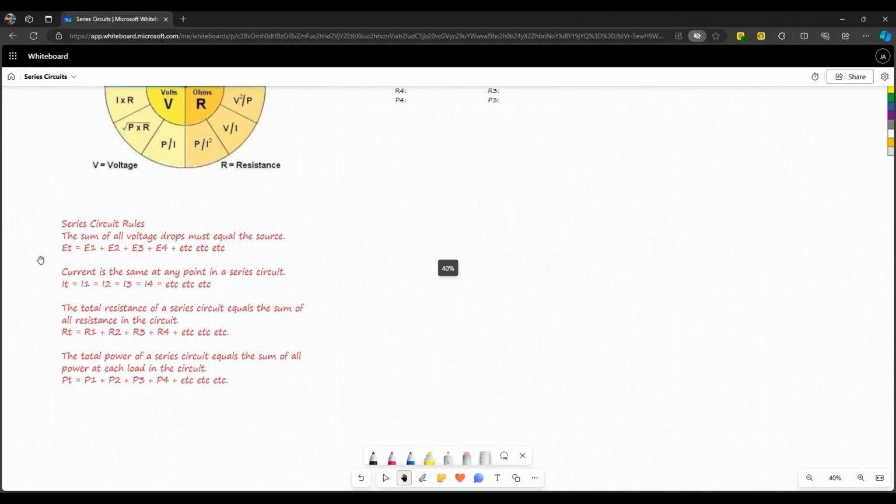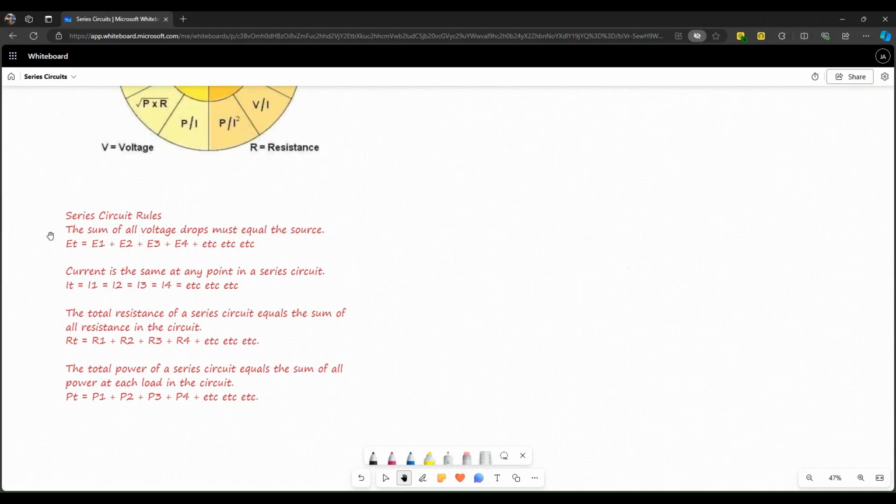Our first rule says the sum of all voltage drops must equal the source. You see that in the formula? Basically, the total voltage equals the voltage you see at point 1 plus the voltage at point 2 plus the voltage at point 3 plus the voltage at point 4 and so on, whatever number you have.